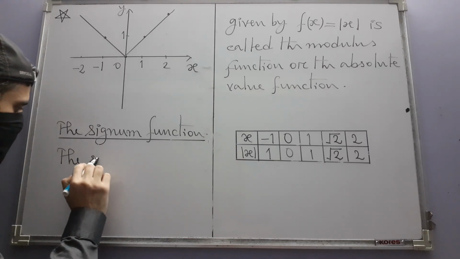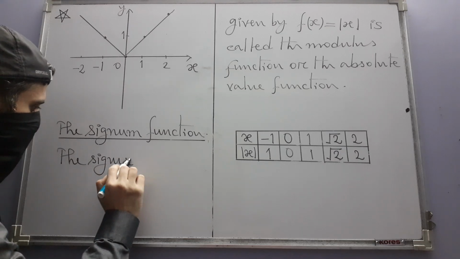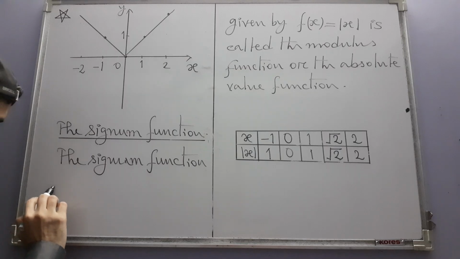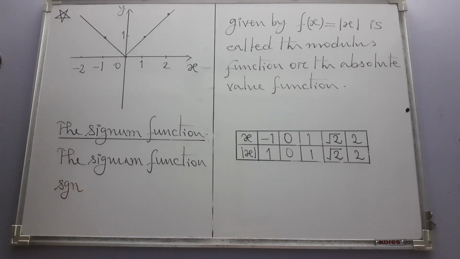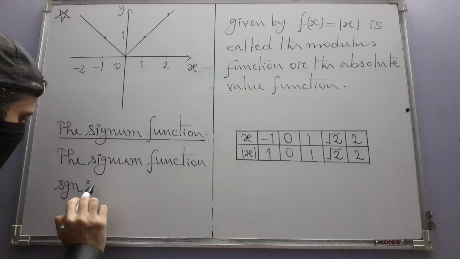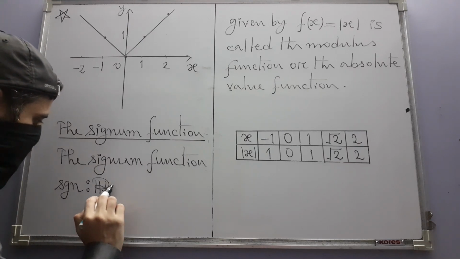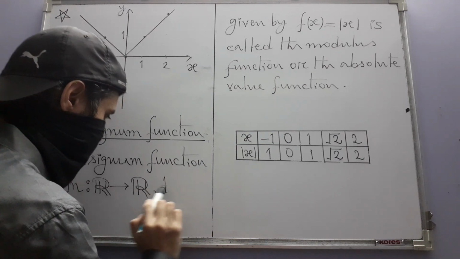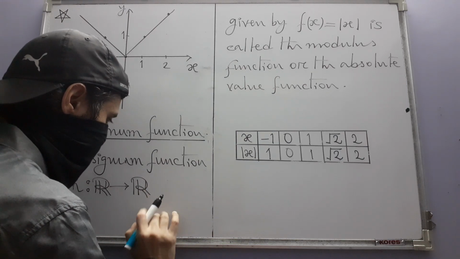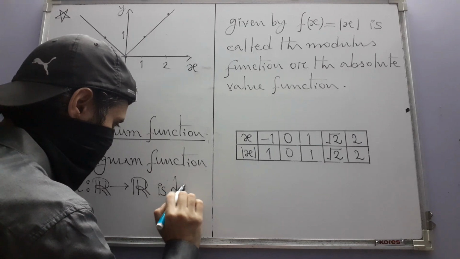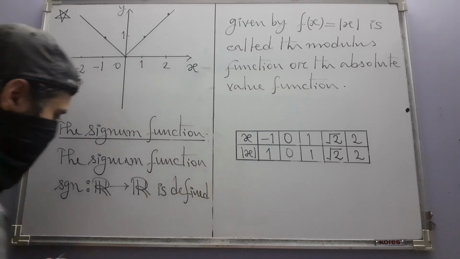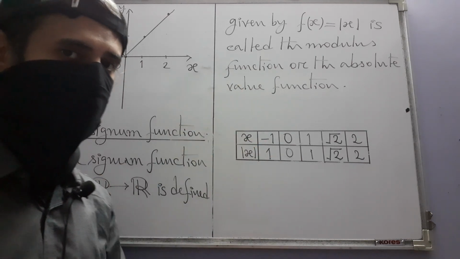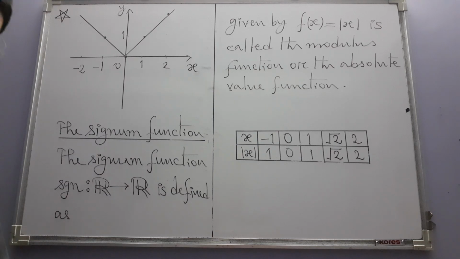The Signum function, it has been given the name SGN, is a function from the set of real numbers into the set of real numbers defined as, just like the absolute value function, this is also partly defined or defined in a piecewise manner.